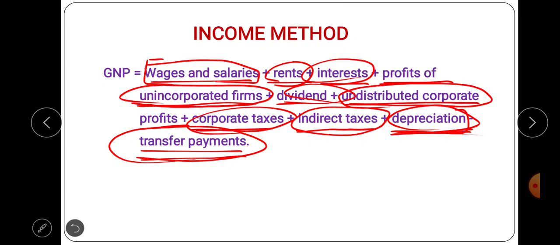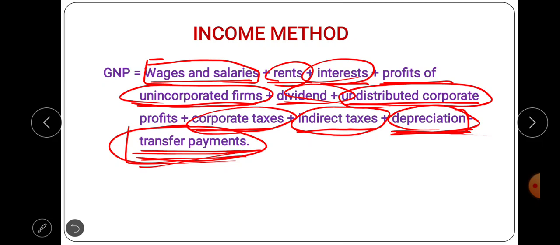Okay, and the last one is related to the transfer payments. The payments received by the individuals as pension, unemployment allowances, etc., are called transfer payments, that we have discussed in the previous video also. These are received by the people for not doing any work, so these should be deducted.